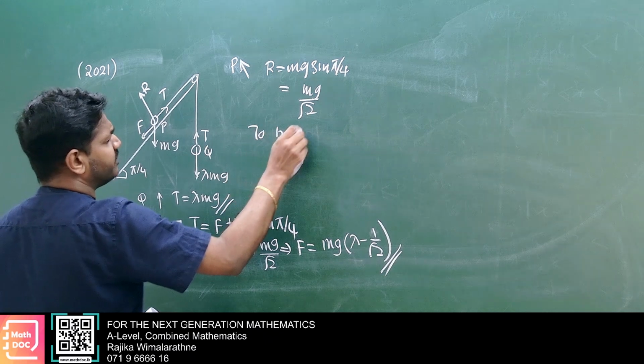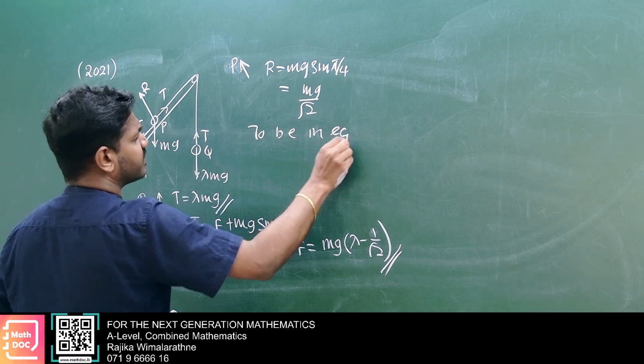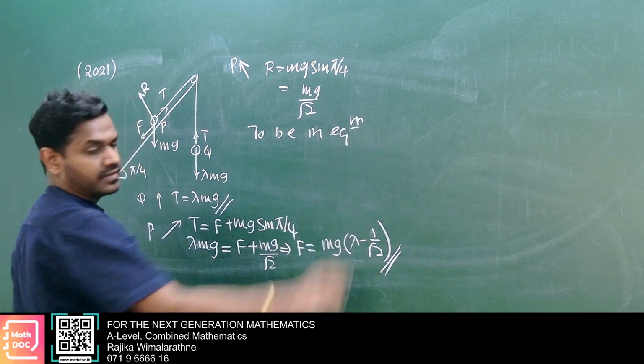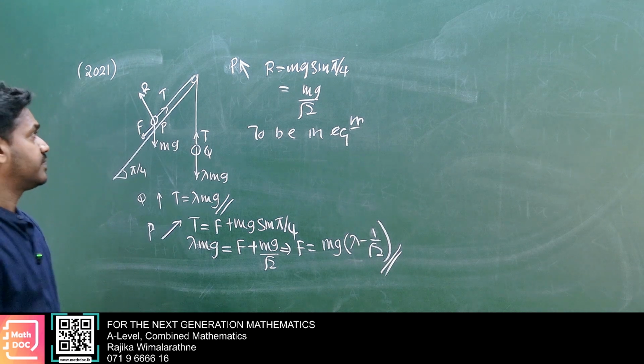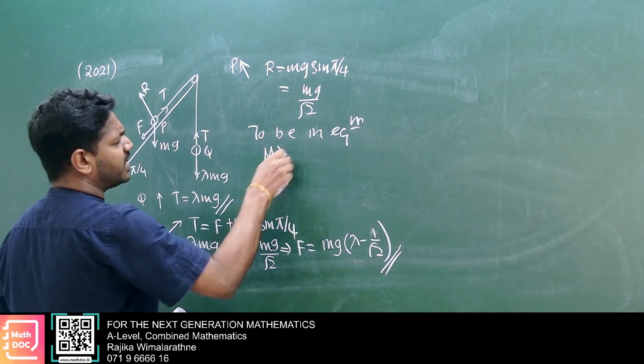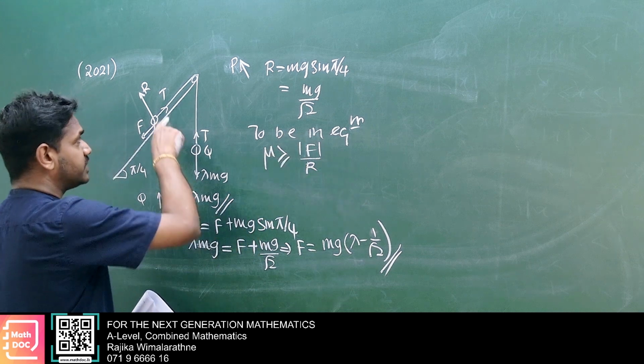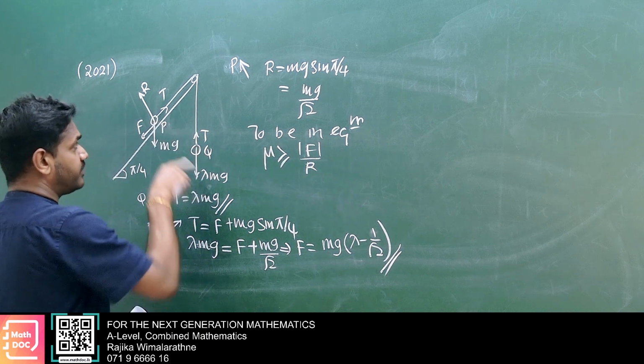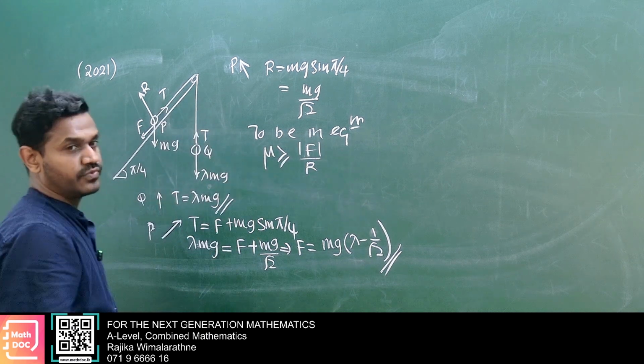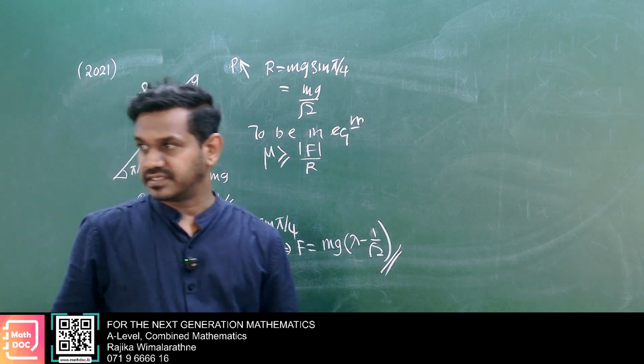Then to be in equilibrium, mu greater than or equal F divided by R. Yeah, put modulus because with the value of lambda, the motion moving tendency can be changed.